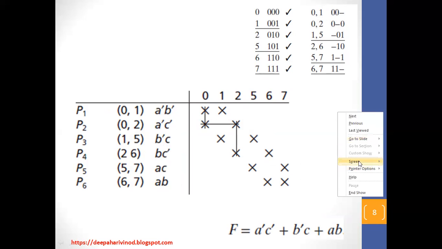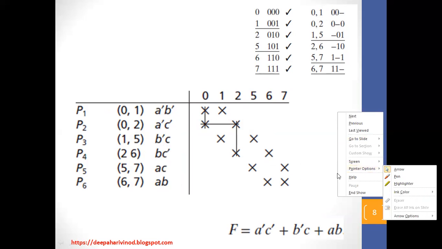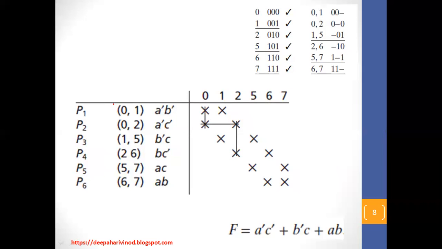Now if I choose A bar C bar, it covers 0 and 2, isn't it? 0 and 2 are covered.